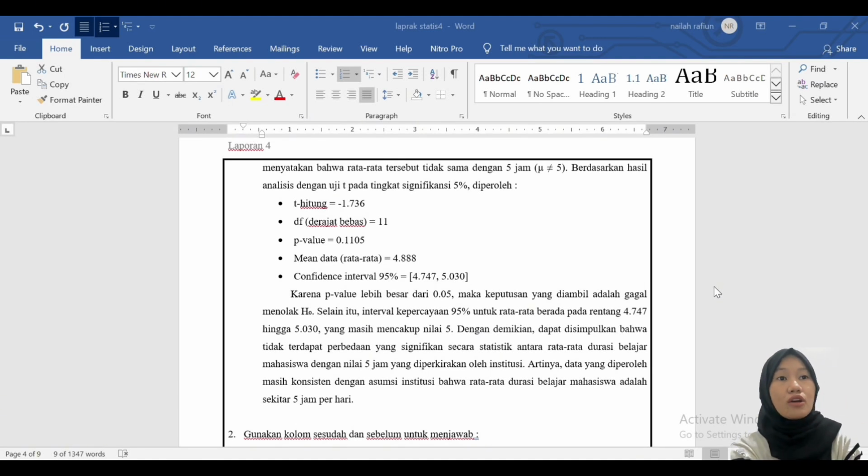Thus, it can be concluded that there is no statistically significant difference between the average student study duration and the value of 5 hours estimated by the institution. This means that the data obtained is still consistent with the institution's assumption that the average duration of student learning is around 5 hours per day.